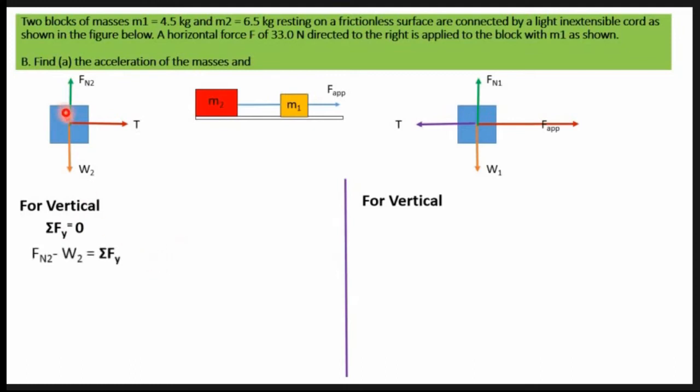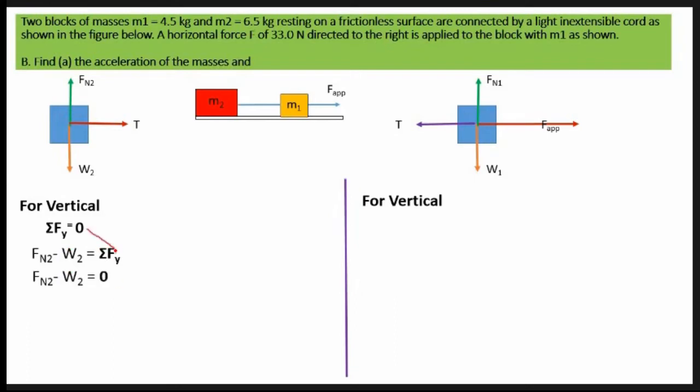So we have it here. The normal force is positive. Subtract it with the forces going downward, which is weight 2. Then, as a result, that will be summation of Fy. And then simplify this one. Okay, you have this.